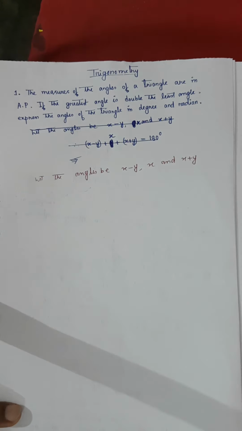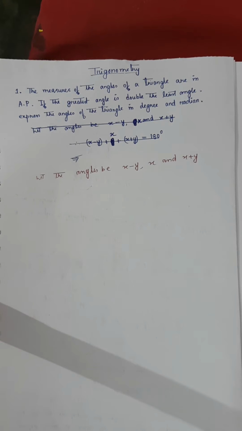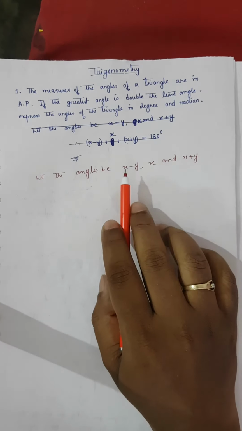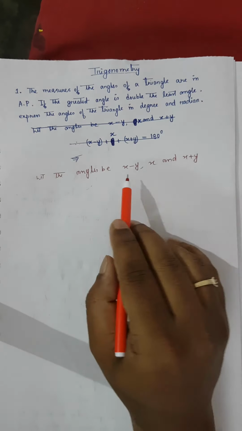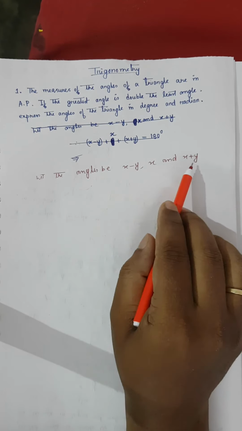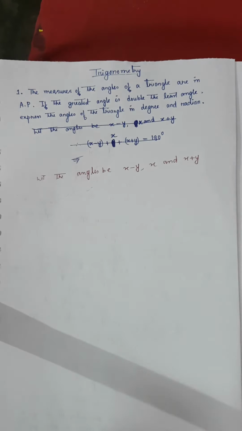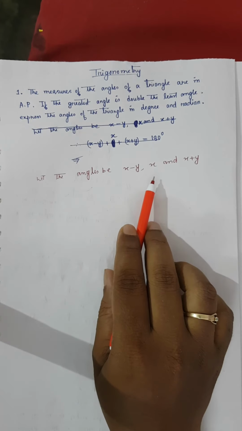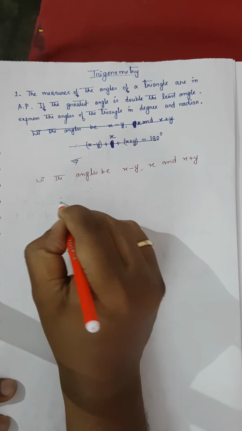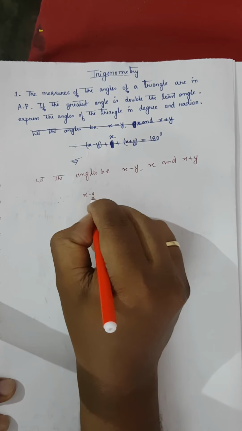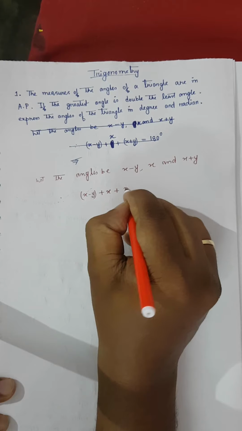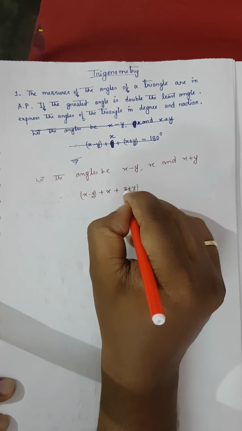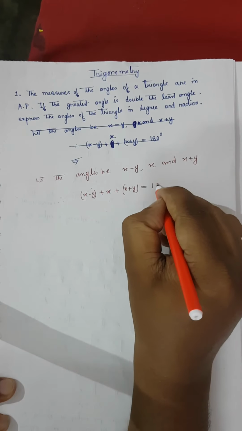We know three consecutive terms of an AP series are a minus d, a and a plus d. So now these three terms form an AP. As they represent the angles of a triangle, the sum of the angles, that is x minus y plus x plus y, is equal to 180 degree.